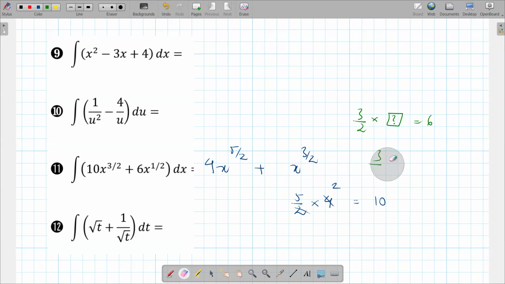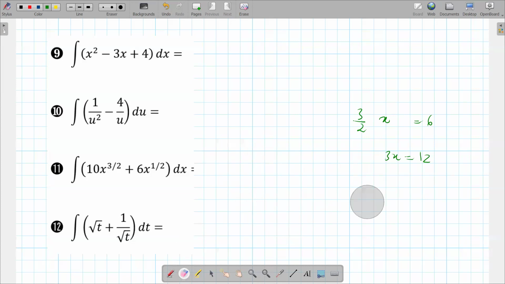If you're confused about this, just turn it into a linear equation. 3 over 2 x equals 6, 3x equals 12, x equals 4. So we must have multiplied this by 4 as well. And then there's always the plus c element because it's an indefinite integral.